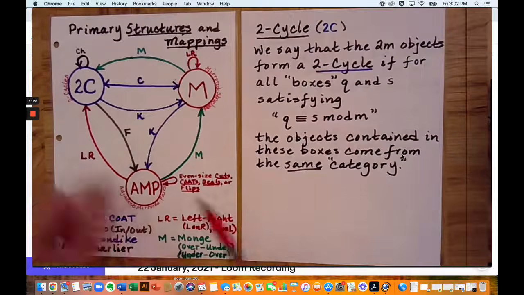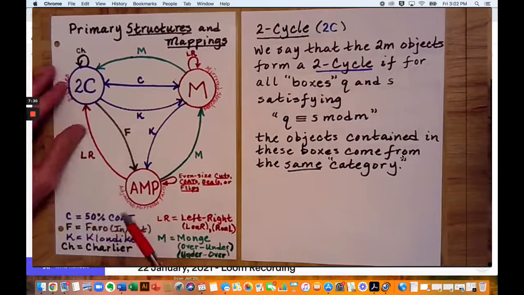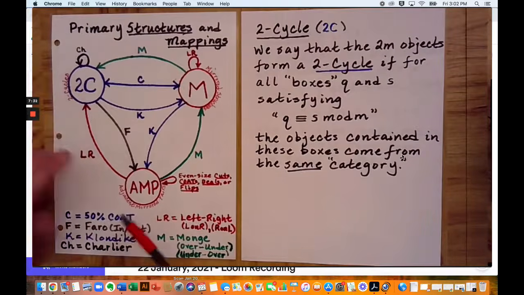So the first kind, which is just right over here, that 2 capital C, stands for a 2 cycle. And here the C is capitalized. So in the lectures, you know that that is telling us something different from the meaning that a 2 cycle, small c, would mean in the study of permutations.